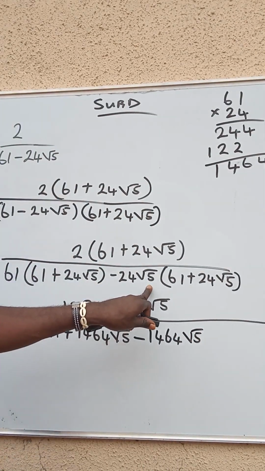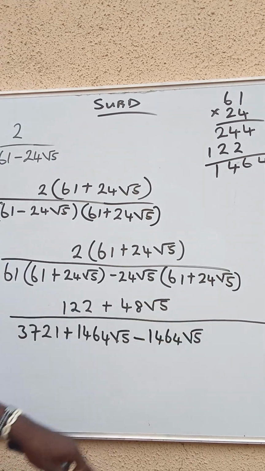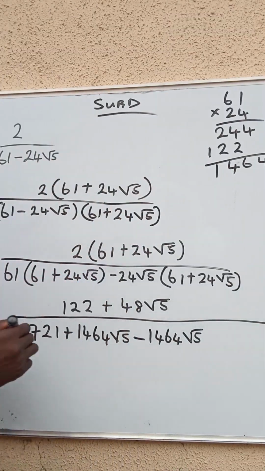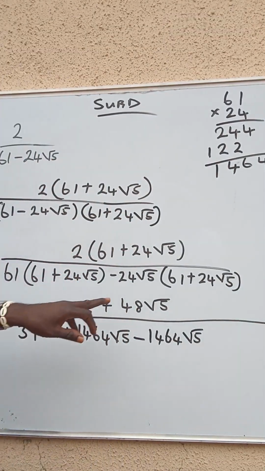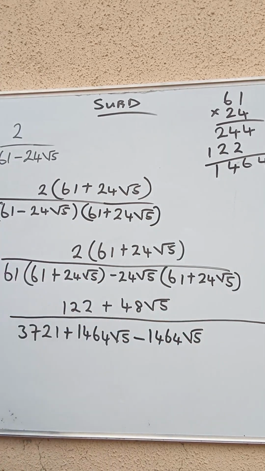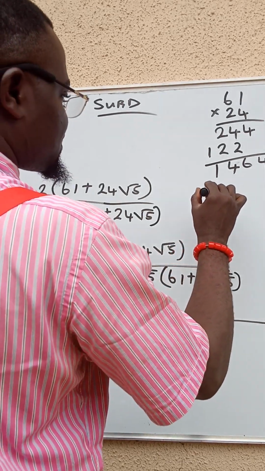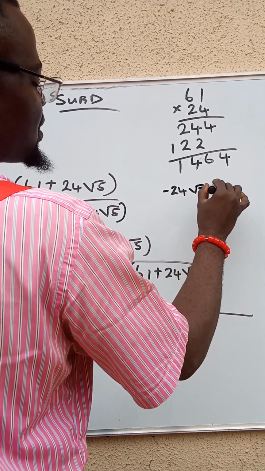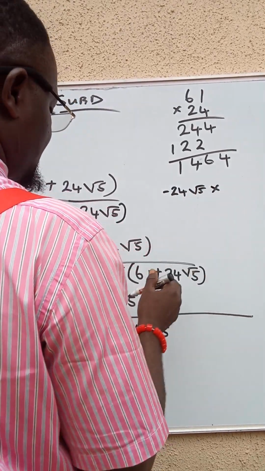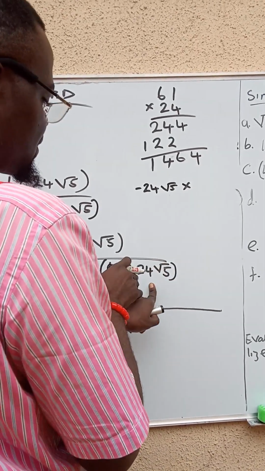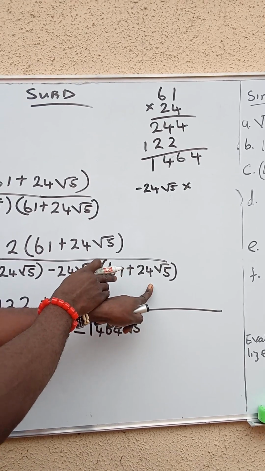Because there's root 5 outside here. Then now look at it here. Remember, there's something I told you. I don't know whether you have forgotten. I said, when two things are multiplying like this, look at it. Let me bring it out for you to see. Minus 24 root 5 multiplied by this one is plus, but it will affect this thing and change to what?